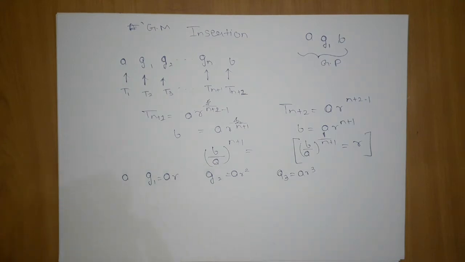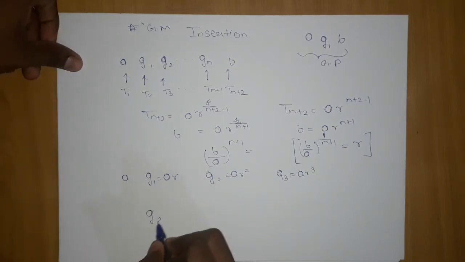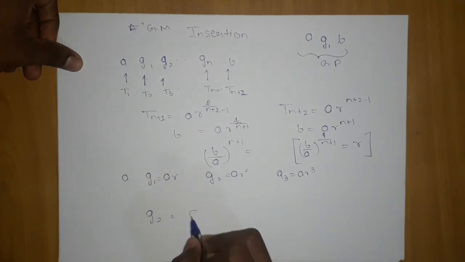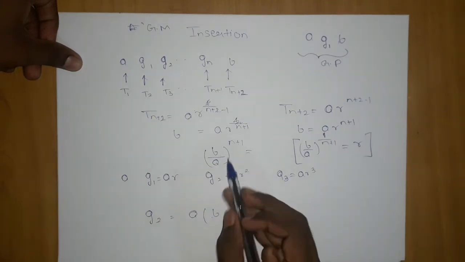Now further on there is a direct method also. Like if we want to calculate some gm, like if I want to calculate g2, it will be a into r to the power, what, 1 upon n plus 1.